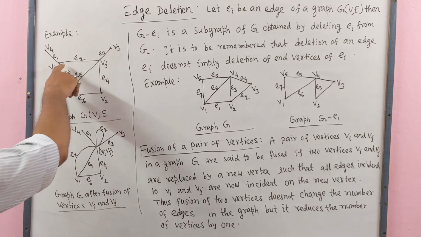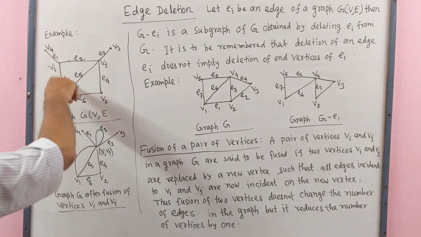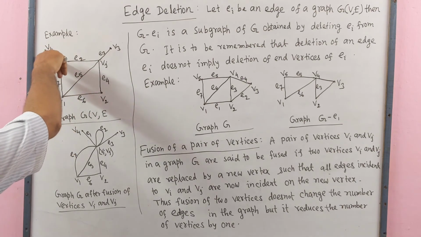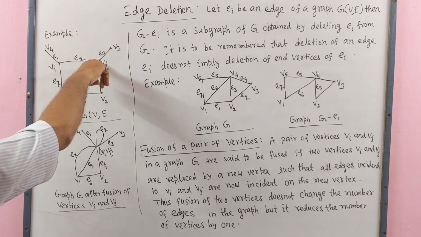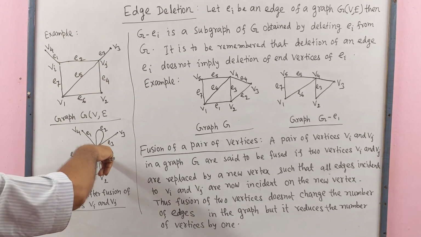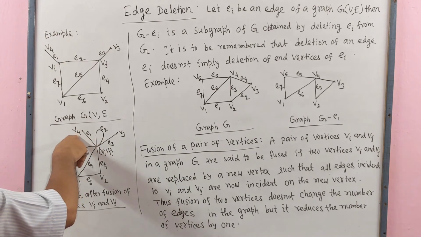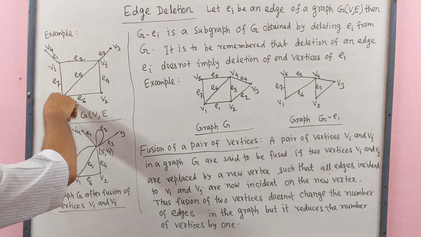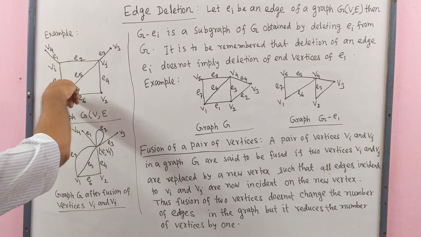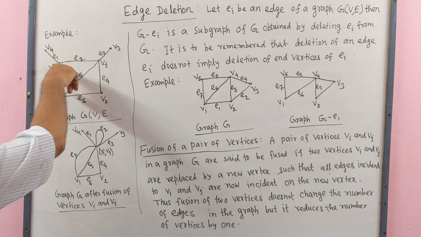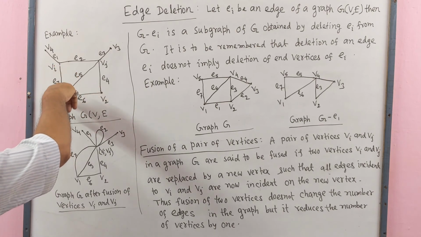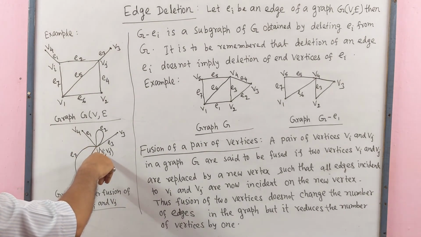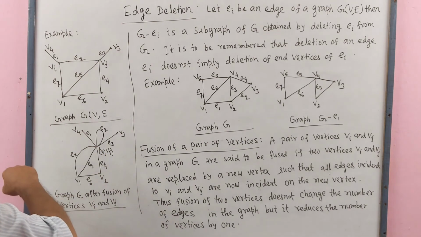Here we see that edge E1 is incident to Vi, therefore edge E1 will be incident to the new position ViVj with the vertex V4. Here we see that E7 is incident to the vertex Vi. The edge E7 will be incident to the new vertex ViVj.